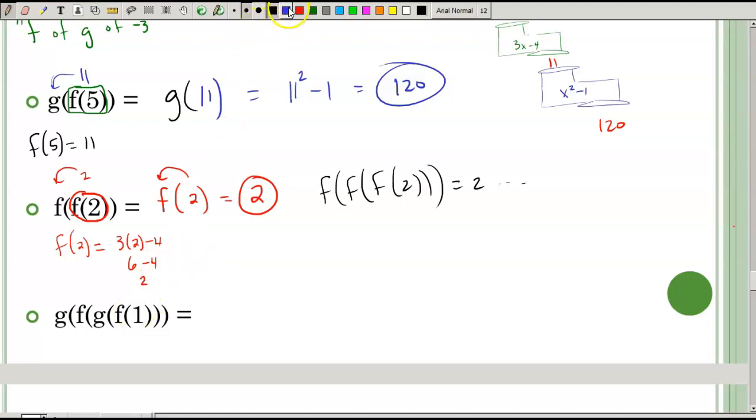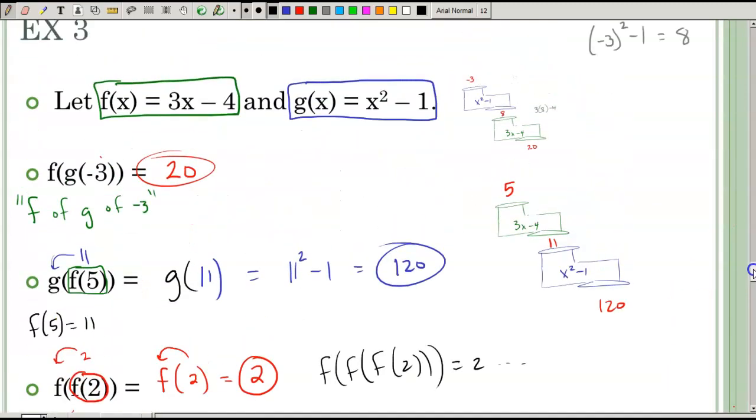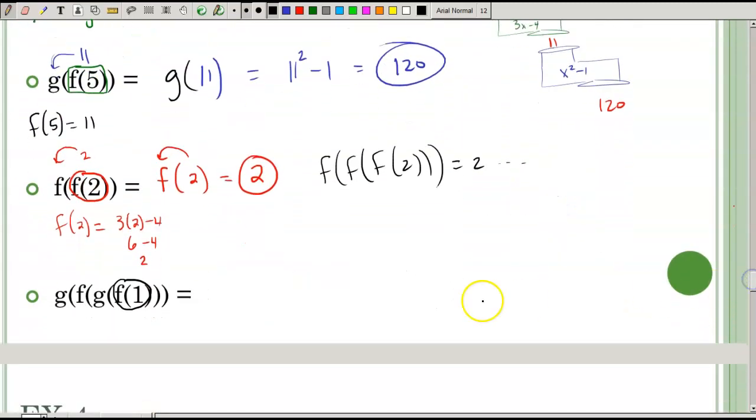So, if I have f of 1 right here, if I plug in 1 into f, that's going to give me 3 times 1 minus 4. 3 minus 4 is negative 1. So this becomes a negative 1.